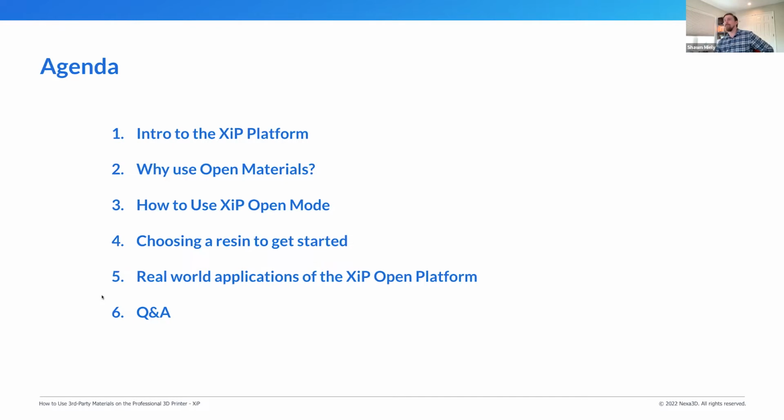Two, we're going to talk about why you would want to use open materials. We're going to talk about how to use XiP open mode. We're also going to go into choosing a resin to get started with, or how Taylor picks his resins. And then we're going to talk about some real world applications of the XiP open platform.